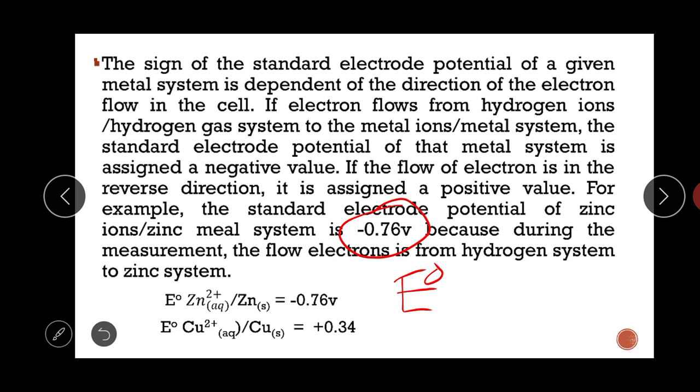So this is the voltage from zinc ions to zinc metal, and from copper ions to copper metal, which is plus 0.34. So when we have a positive value, it actually means the electron flow is in the reverse direction.